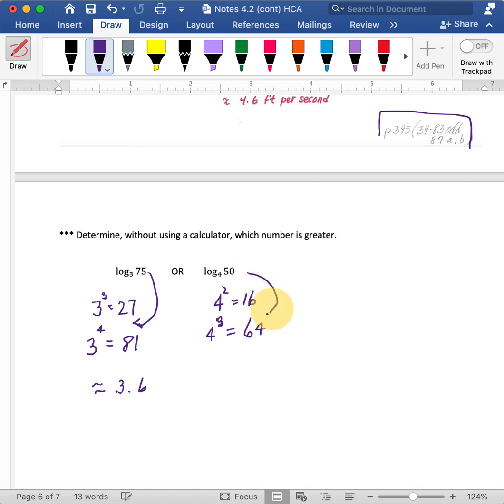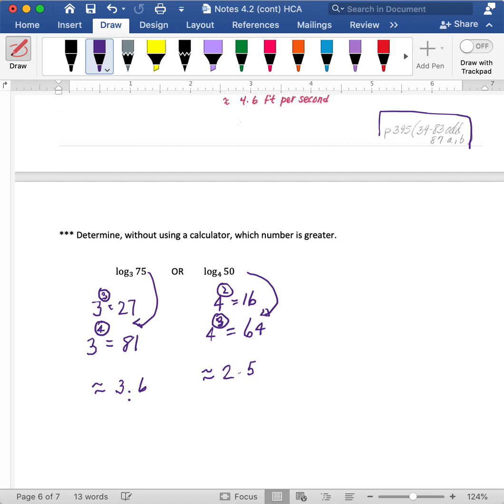So 50 is a number between these. So remember, when we evaluate this, this is a number between 2 and 3, like this over here was a number between 3 and 4. We're looking at the exponent. 50 is closer to 64, so I don't know, 2.4, 2.5, 2.6. We'll just estimate about 2.5.